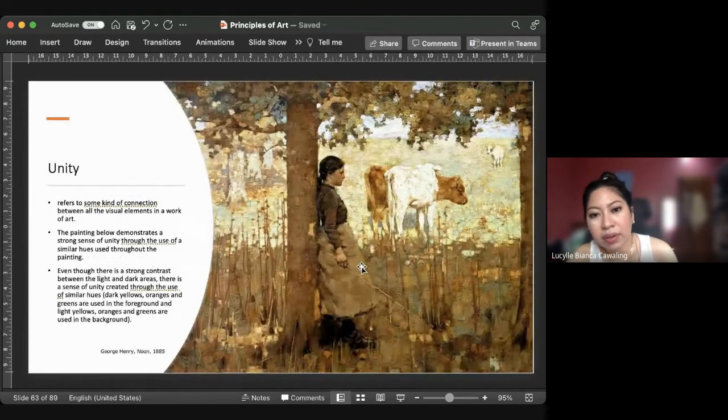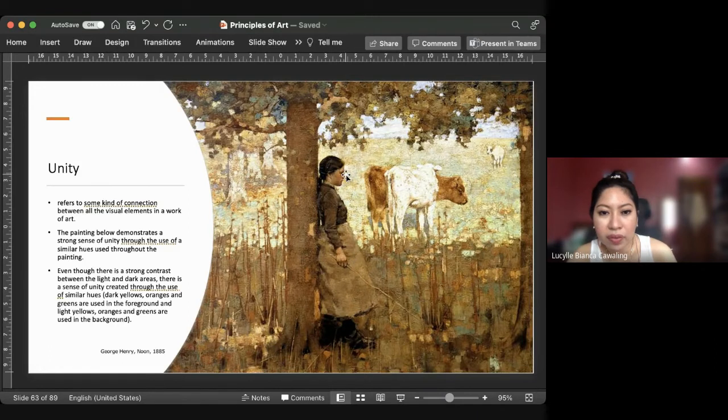And then you also have this one. This is unified naman by the use of similar colors. So the brownish hue can give rise to unity as well.